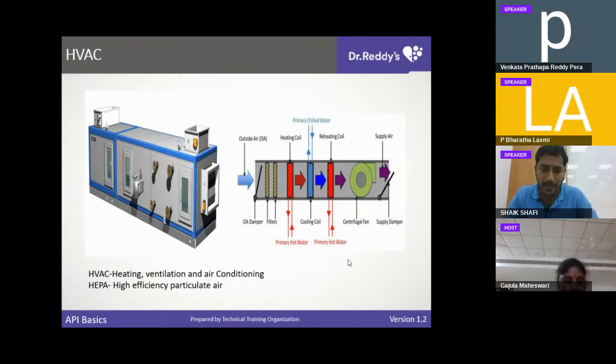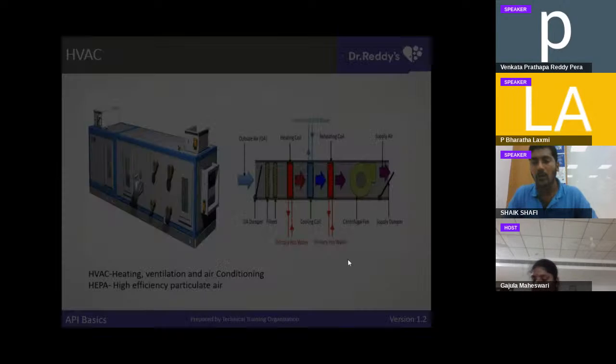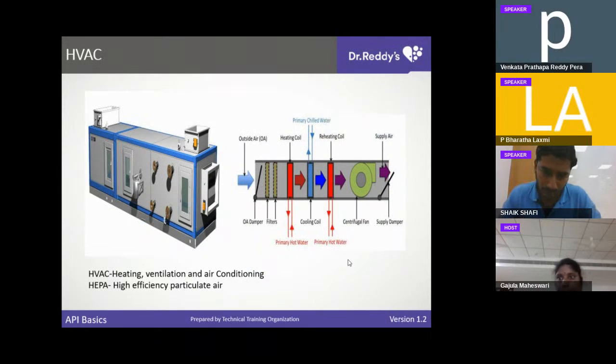So this is the inside diagram showing supply into the clean room through the filtration process. This is the air handling unit. A 10 micron filter will be there, followed by a 5 micron filter, followed by a 0.3 micron filter to filter the air, to remove particles and extraneous matter in the air.